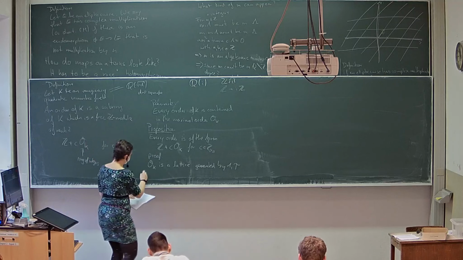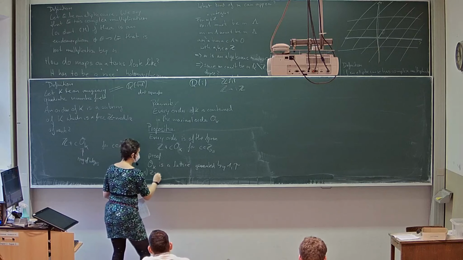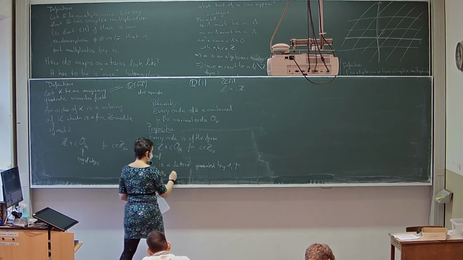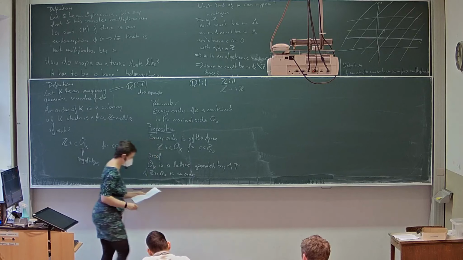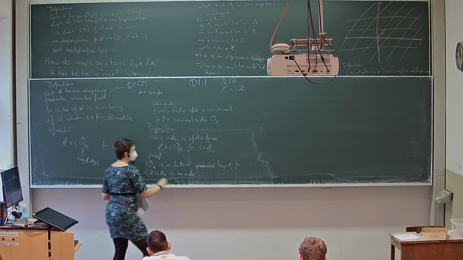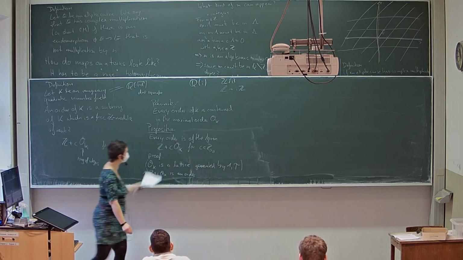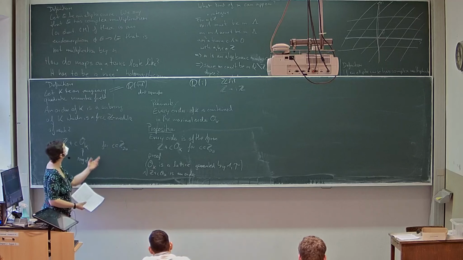And first, we want to prove this is an order. We need this for the second part, but yeah. Okay, first we want to prove that this is an order. So what do we need to prove for this?